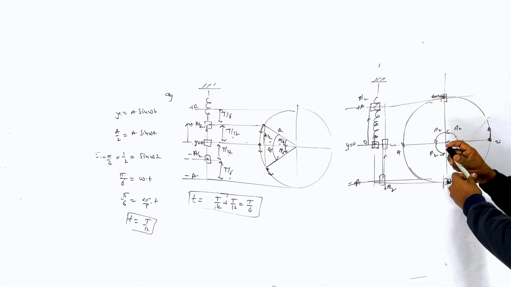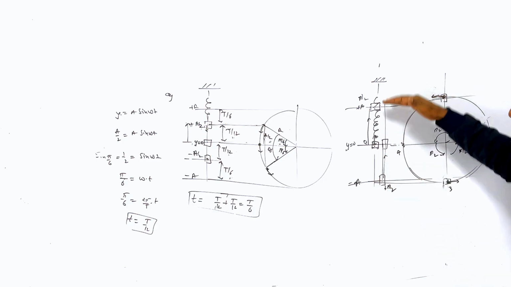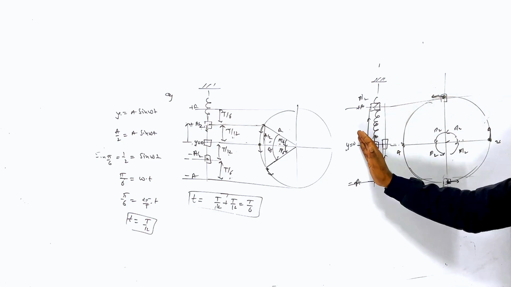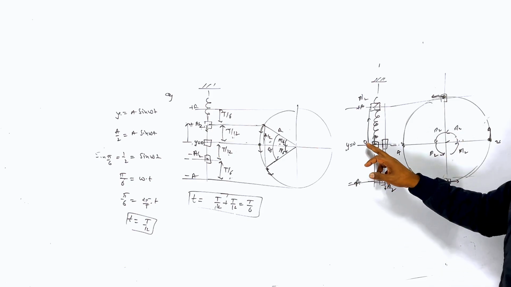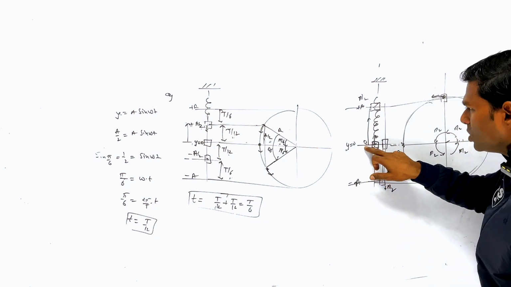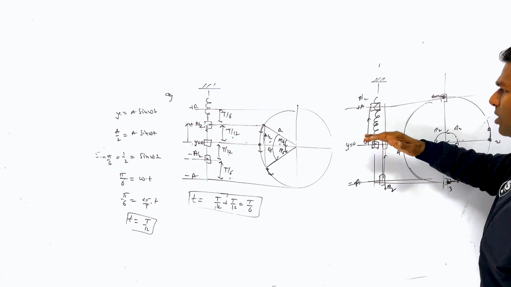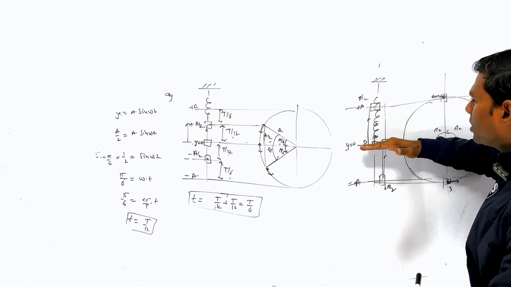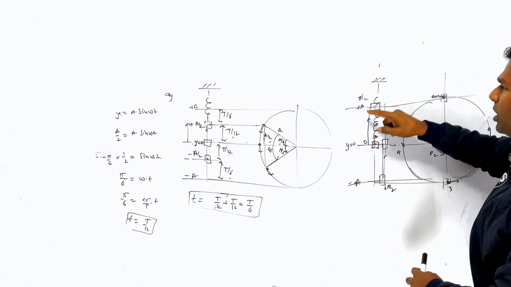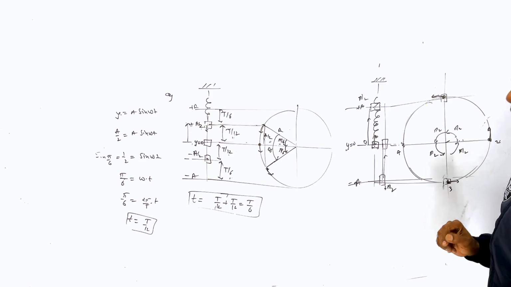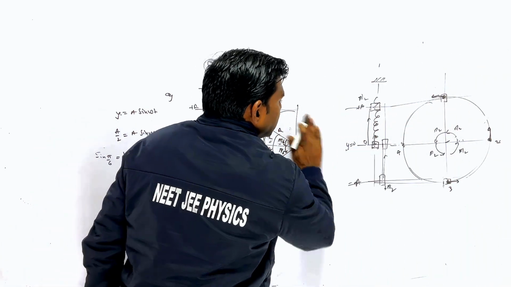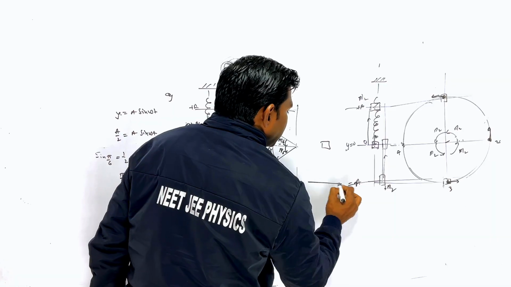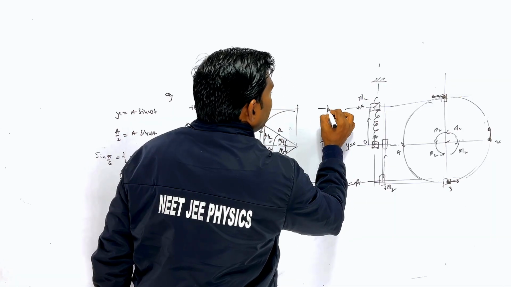Are you getting it? So in this way, whether it is vertical or horizontal, you can take it. Listen to one more thing: if 0 is on this side and plus A is on this side, we will consider the particle going in this direction, and it is pi by 2. In the previous case when I explained, I had taken plus A on this side and minus A on this side.